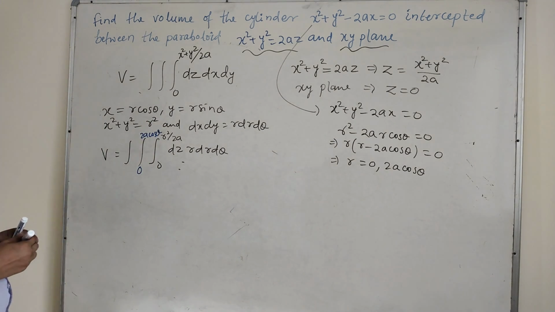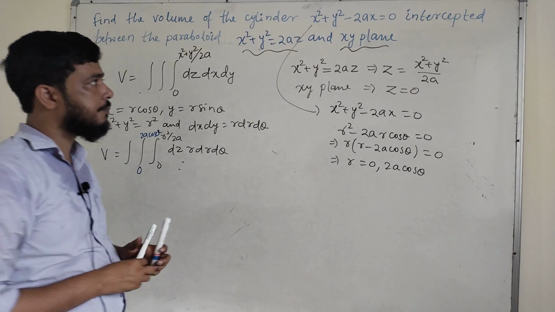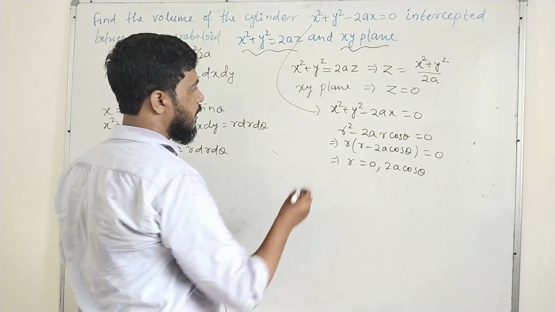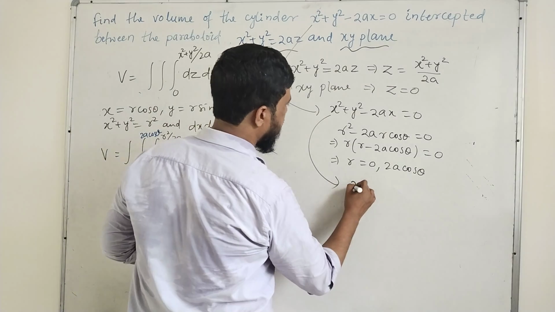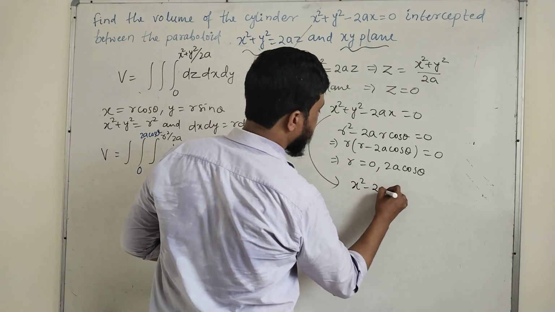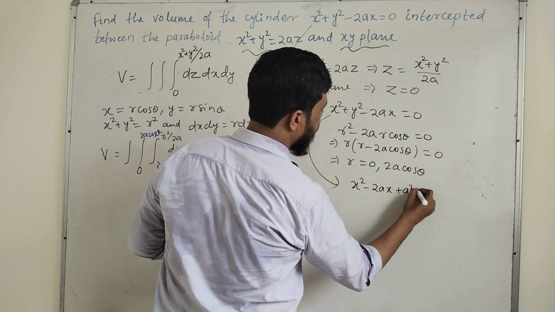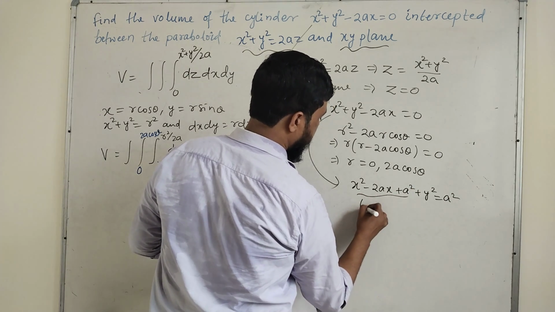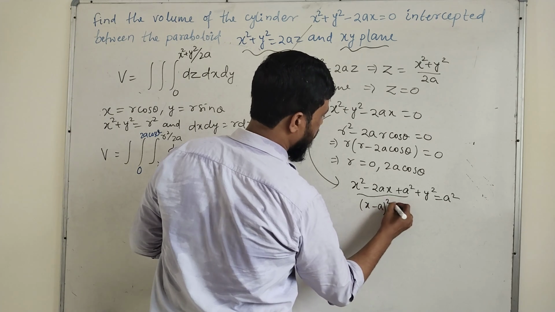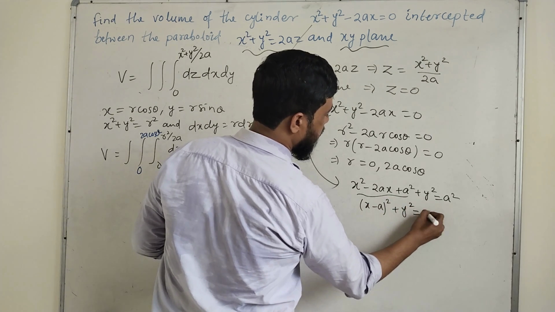Now we have to decide the limit of theta. For this we have to draw this equation in the xy plane. So x square minus 2x, add a square on both sides. So this is x minus a whole square plus y square is equal to a square.